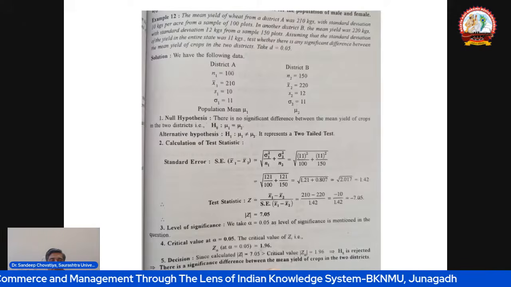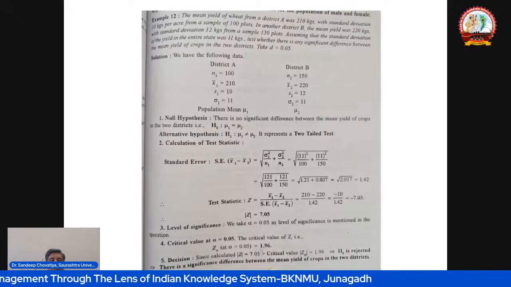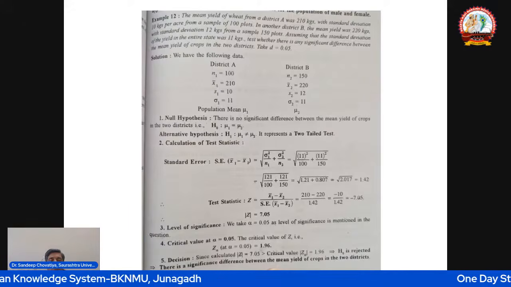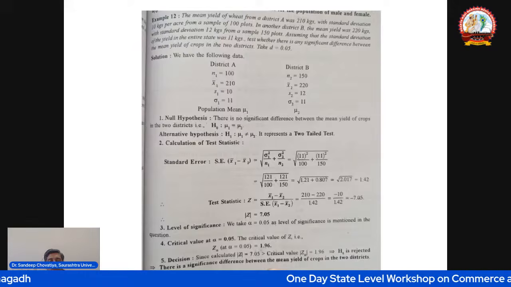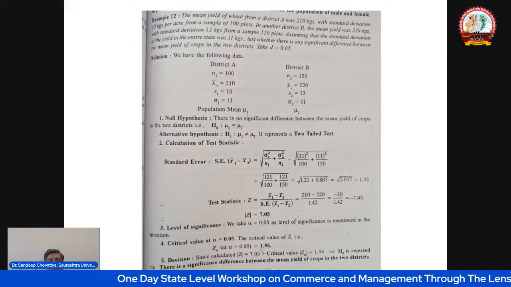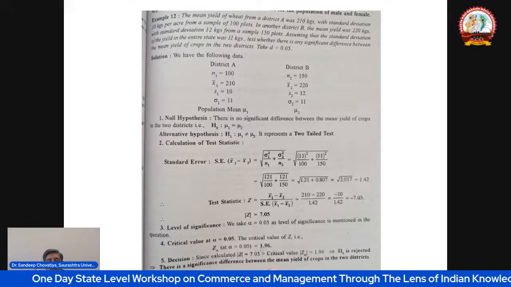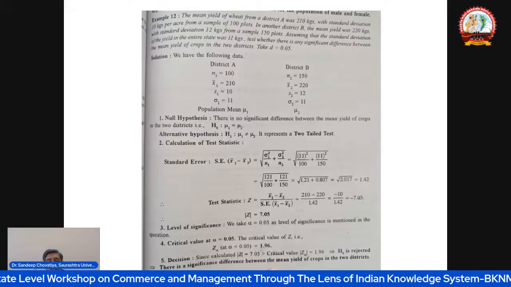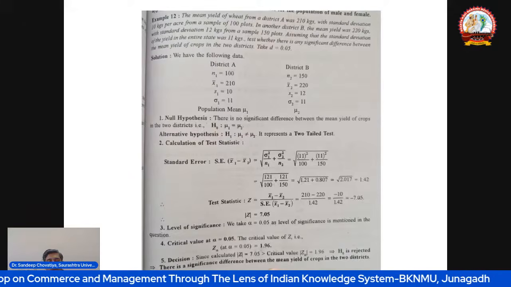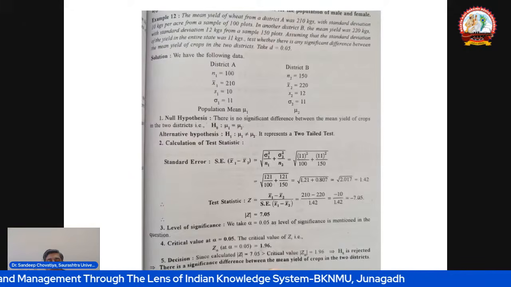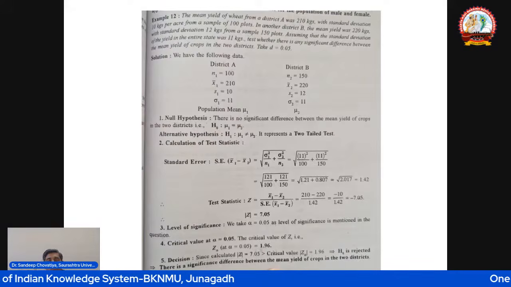When we calculate the z value, it is 1.05. So the level of significance z alpha is 1.96. So decision: since the calculated value is greater than the critical value, H0 is rejected, so there is significant difference between the mean yield of the crop in the two districts.